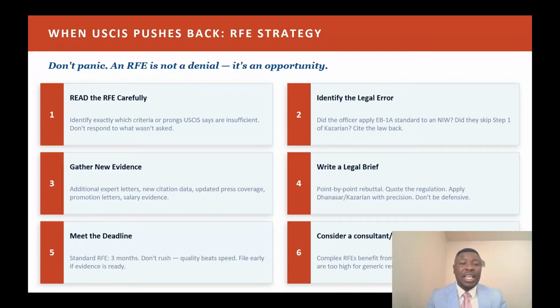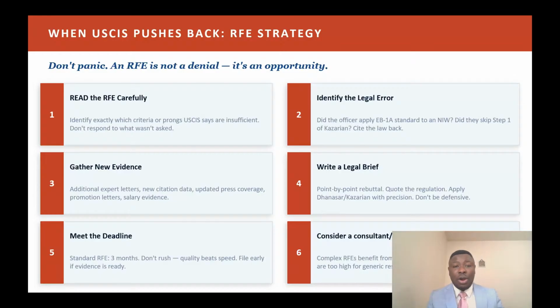There is a right way to approach an RFE. The RFE is not a denial, it is an opportunity to explain better, to explain further, to be clearer, and to make stronger arguments. So if you file your petition and you get an RFE, it is an opportunity for you to make a stronger argument that will have a lasting impact on the adjudicating officer.